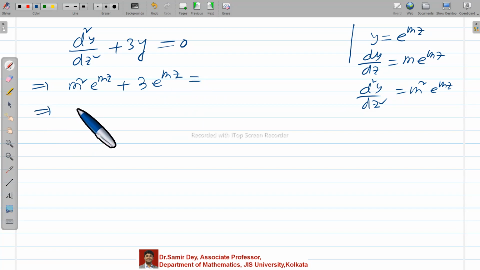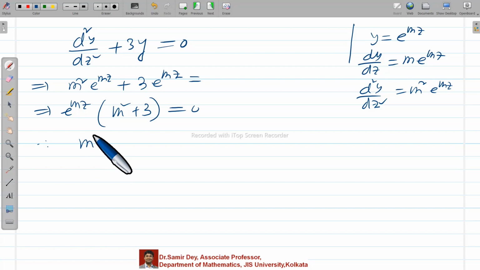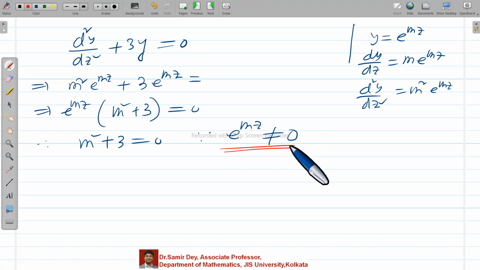So e to the power mz is common, so m square plus 3 equals 0. Therefore you may write m square plus 3 equals 0, since e to the power mz is not equal to 0. Please don't forget to mention this line.